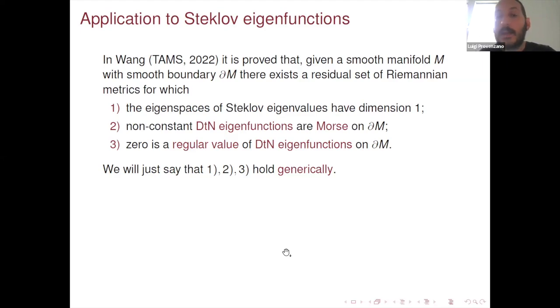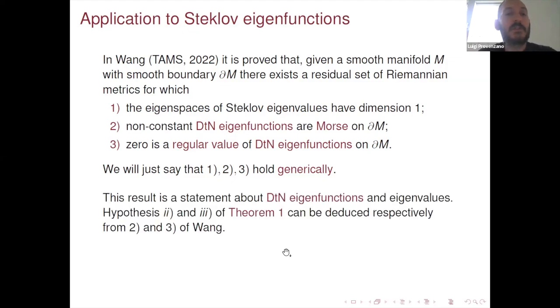Note that 1, 2, and 3 are statements about Dirichlet-Neumann eigenfunctions, meaning the restriction of the Steklov eigenfunctions to the boundary. So we are speaking about the problem on the boundary, the Dirichlet-Neumann problem.